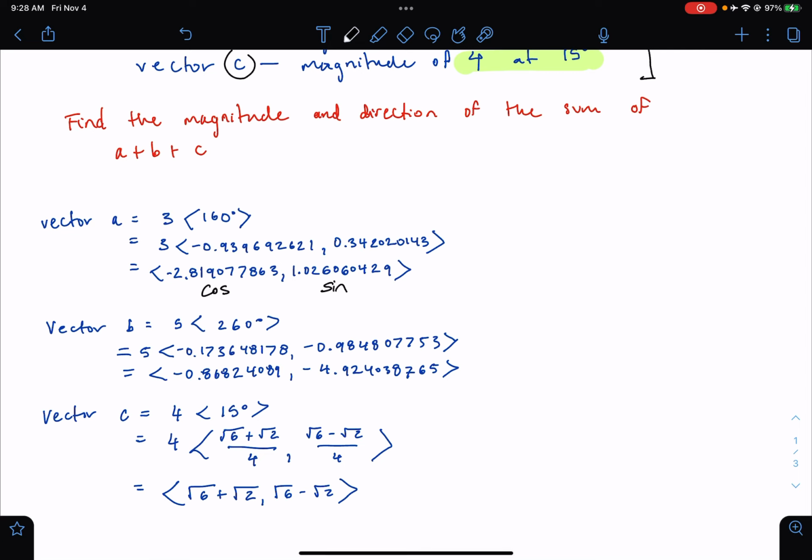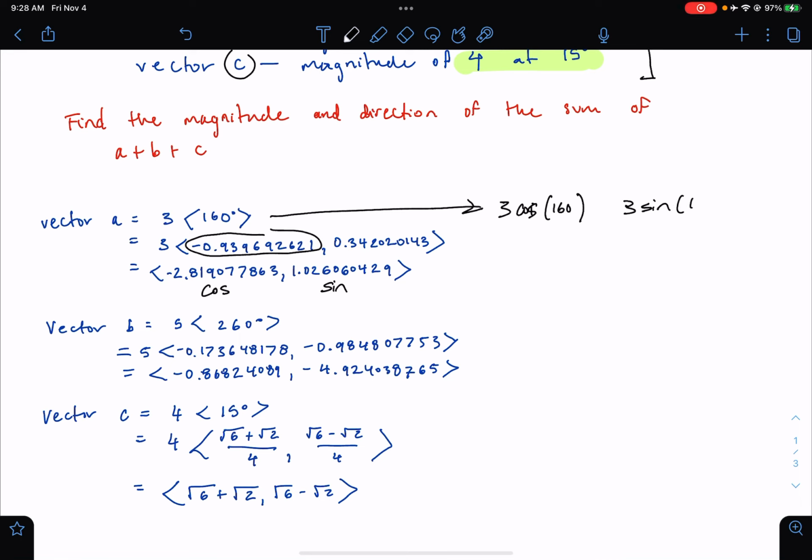Just as an example, for this one right here, I plugged in 3 times cosine of 160, and that gave me this number, and then I did 3 times sine of 160.